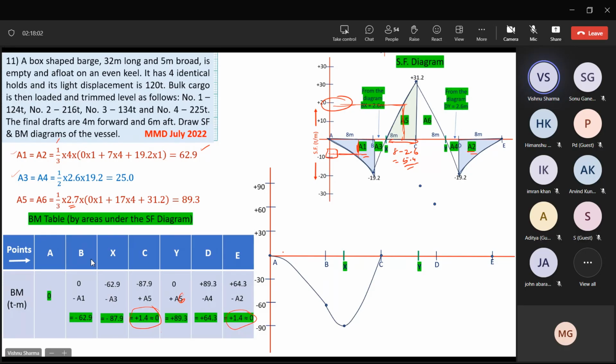Because this is vertex to base, then it is going towards the vertex, so it becomes a little horizontalish, and then it starts picking up towards the end, so it goes like this. So this will be the curve from A to C, and from C to E will be an exact replica of it. And this will become the BM diagram for this particular question.